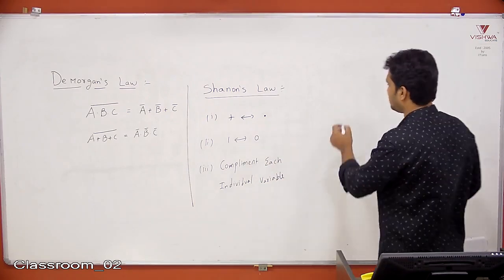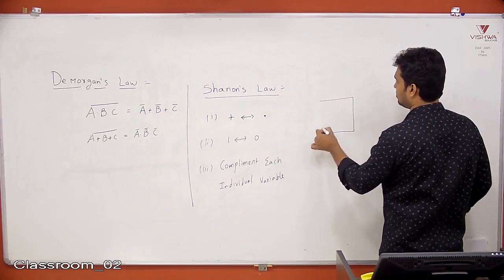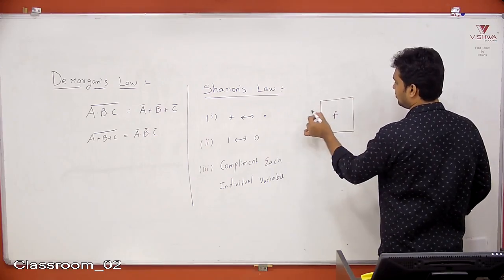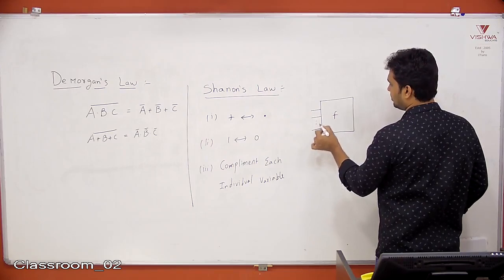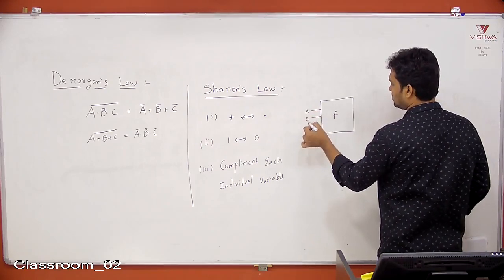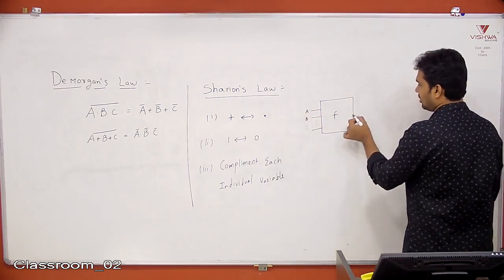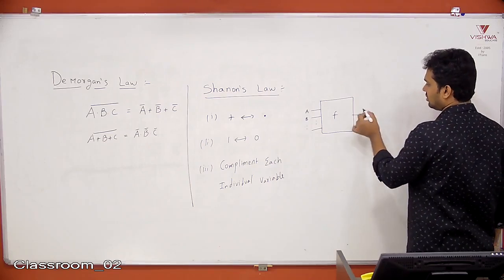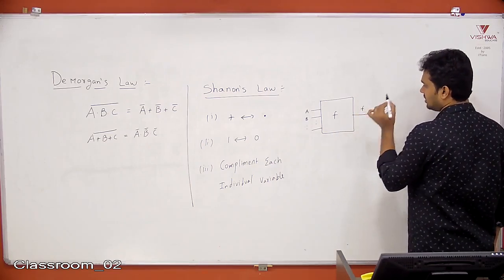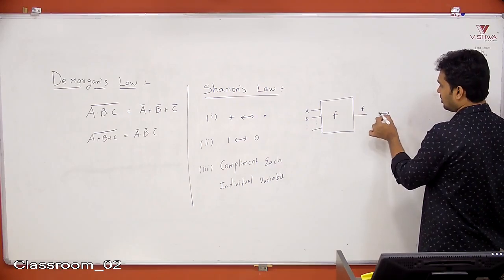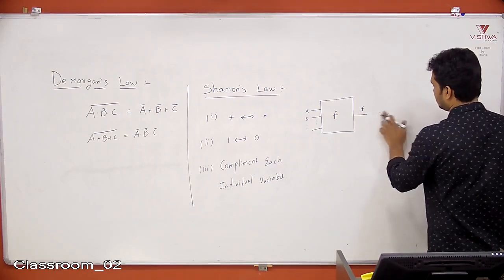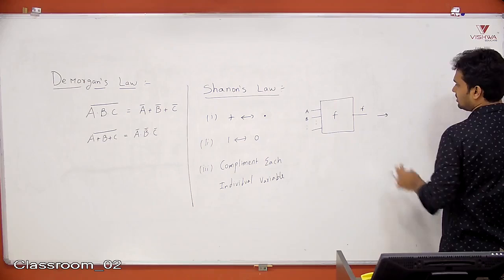Simply like this. If you have a function f, you can have any number of inputs, A, B, C and so on. Here you got the transformation and you got the function f. How to get the complement of this function?